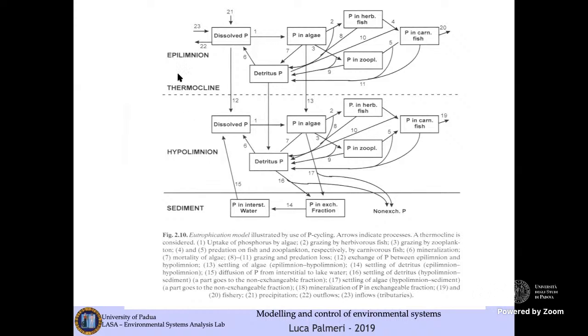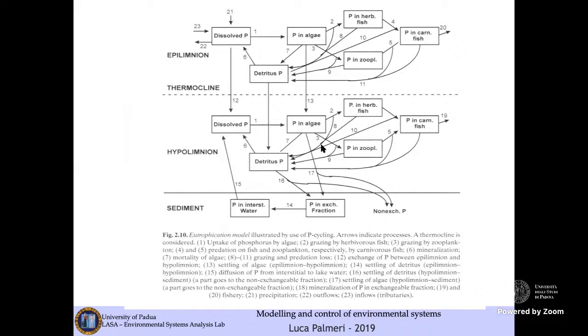You may recall that the lake may be subdivided into at least three parts: the epilimnion, the upper part of the water column, the hypolimnion, the lower part of the water column. The thermocline is the line subdividing epilimnion from hypolimnion, and a third part is sediments, what's happening in the bottom.